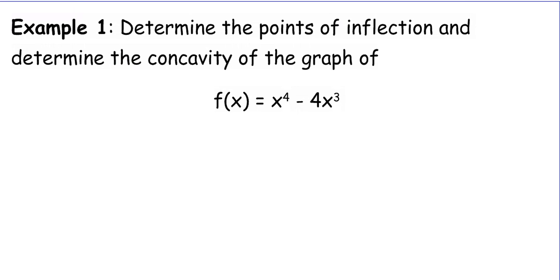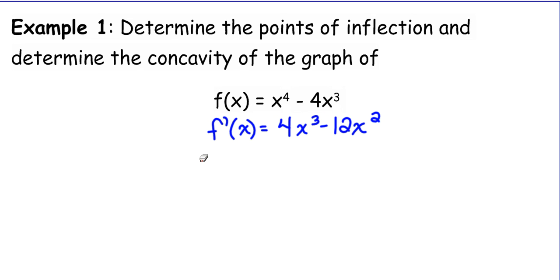So let's look at an example of determining our points of inflection and the concavity of our graph. So let's find f prime of this function, x to the fourth minus 4x cubed. Then that derivative is 4x cubed minus 12x squared.